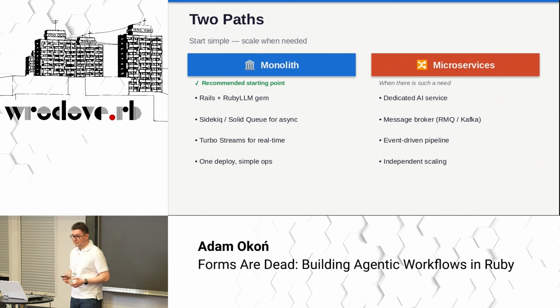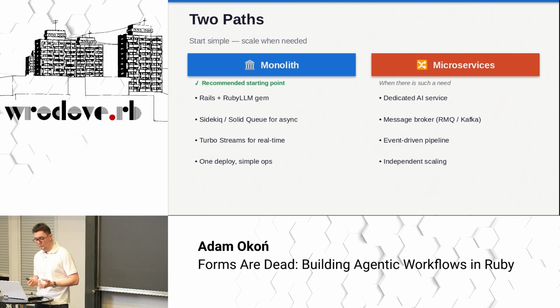On the other side, if you are working in a large organization that is split into teams with different responsibilities, you may probably be in a situation where you're working inside the microservice world, depending on the organization, right?